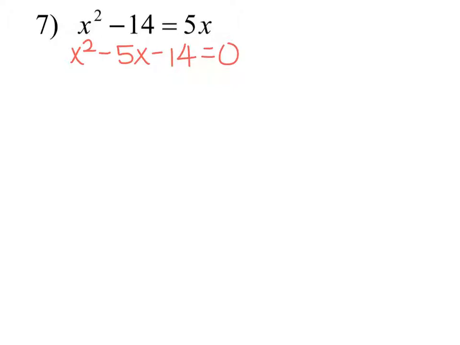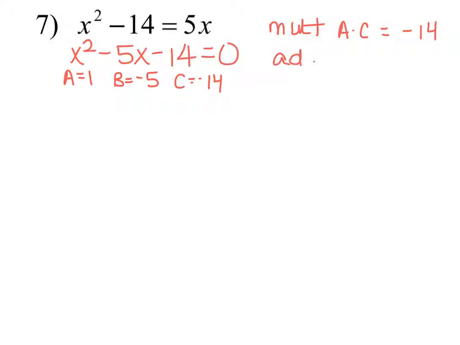So in this problem, a is 1, b is negative 5, and c is negative 14. So if we're going to start by trying to factor, we need to find two numbers that multiply to give us a times c, and so that's going to be negative 14. And those same two numbers need to add to give us b, which is negative 5.